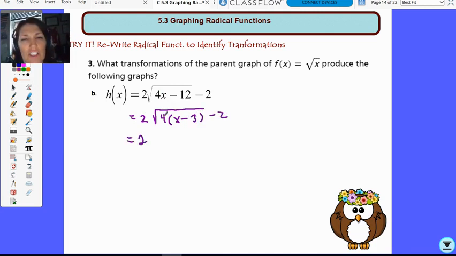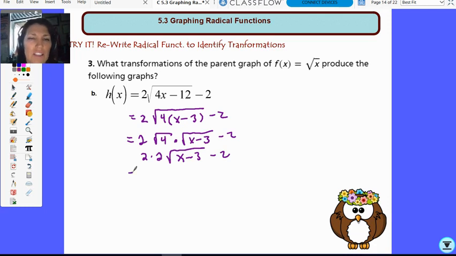Then we can separate these: the square root of 4 times the square root of x minus 3, minus 2. The square root of 4 is 2, so it's 2 times the square root of x minus 3.